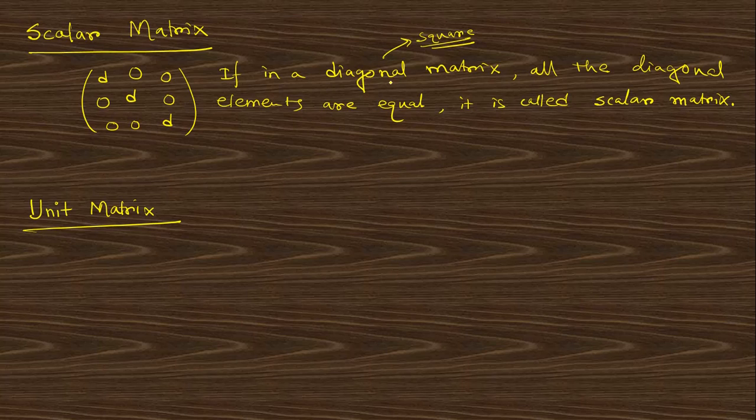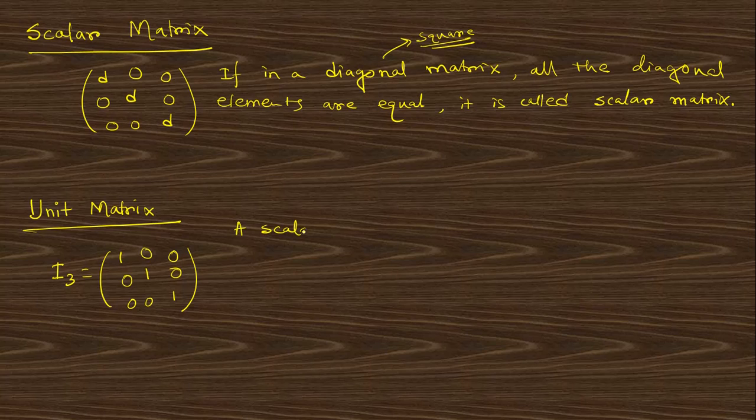A special case of the diagonal matrix is the scalar matrix, where the elements are equal. A special case of the scalar matrix is the unit matrix, whose diagonal elements are 1. Suppose I3 means a 3 by 3 matrix, a square matrix where the number of rows and columns are the same, and the diagonal elements are 1.